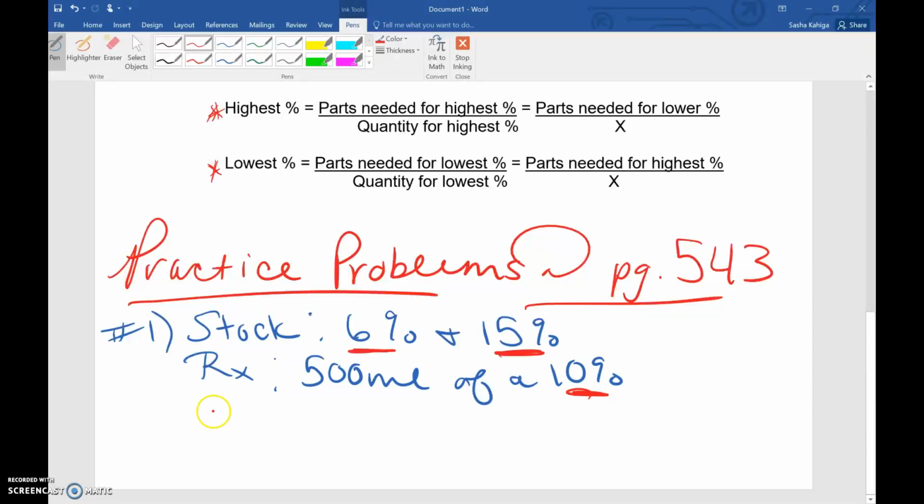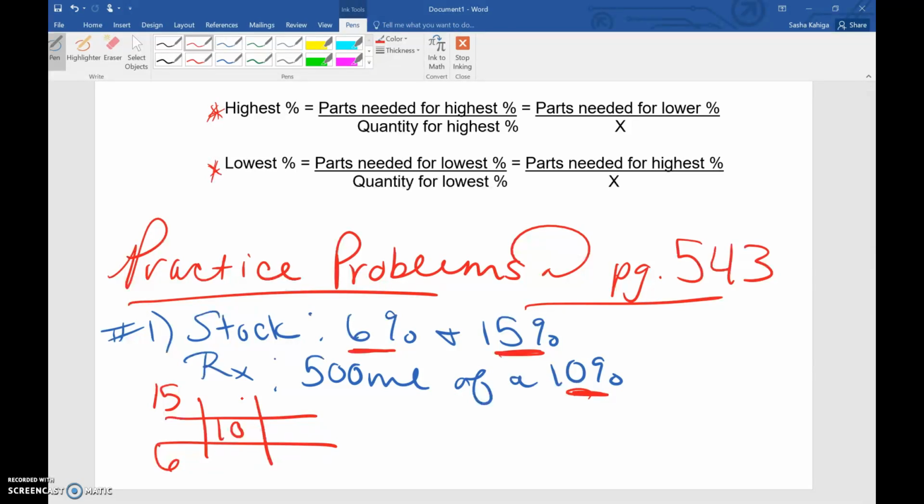So the first thing you need to do is draw your alligation grid. Your highest stock percent goes in the top left-hand corner, your lowest stock percent goes in the lower left-hand corner, and your desired percentage goes in the middle.